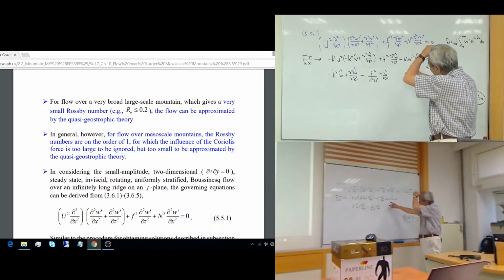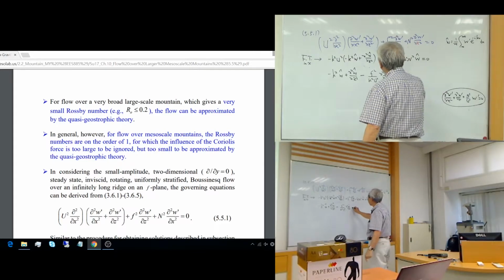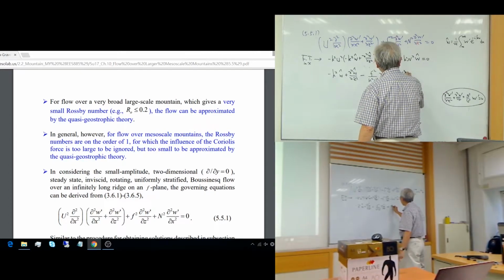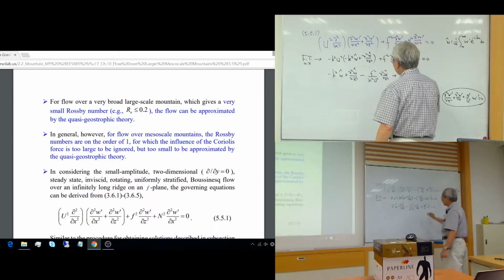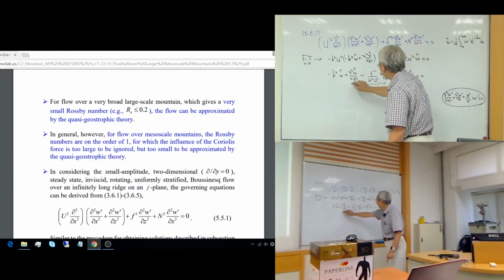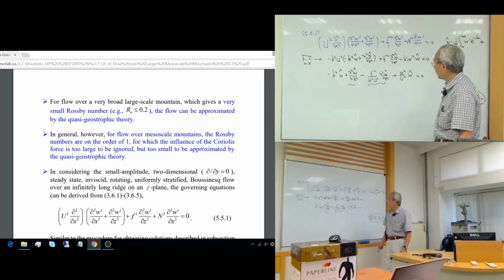Okay, and here it becomes plus N squared over U squared and then w hat equals 0.